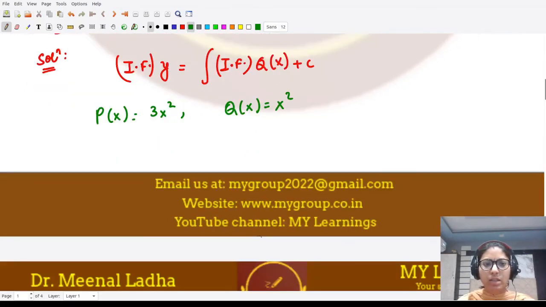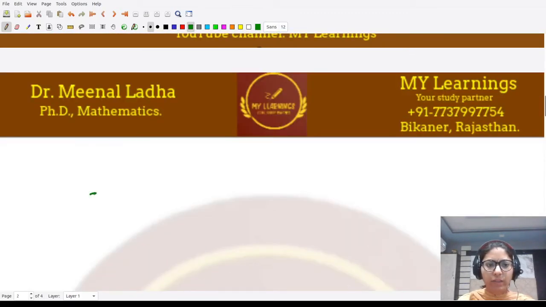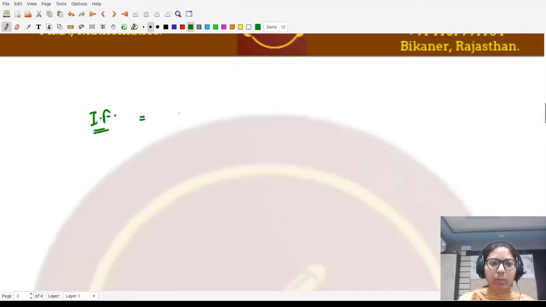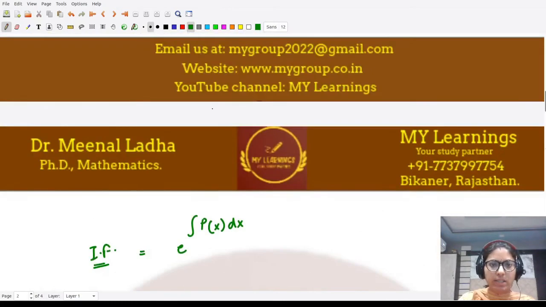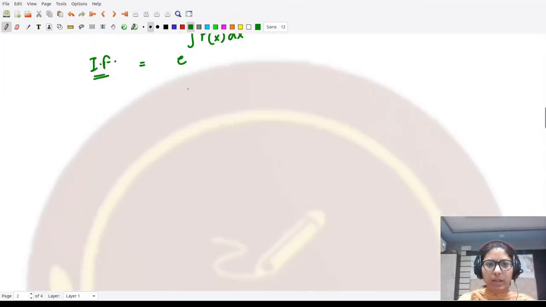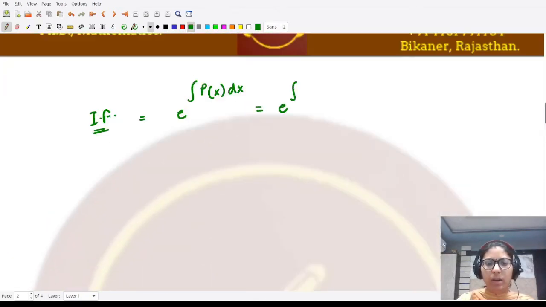We first calculate the integrating factor, which is e to the power integration of p of x dx. P of x is 3x square, so we have e to the power integration of 3x square dx. When you perform this integration, it is 3x cube by 3, so the integrating factor is e to the power x cube only.